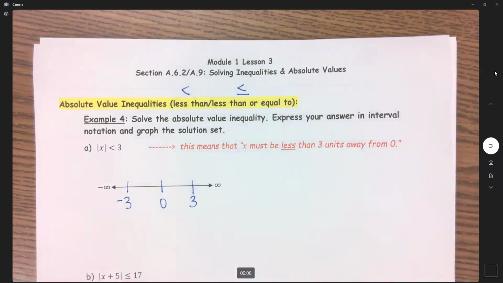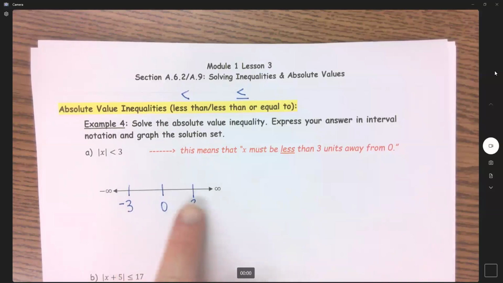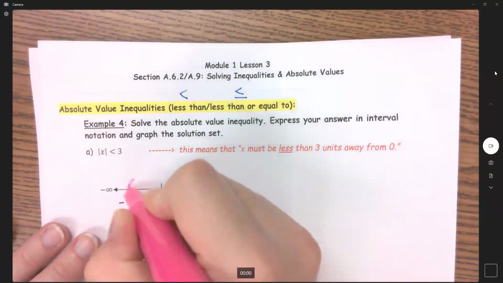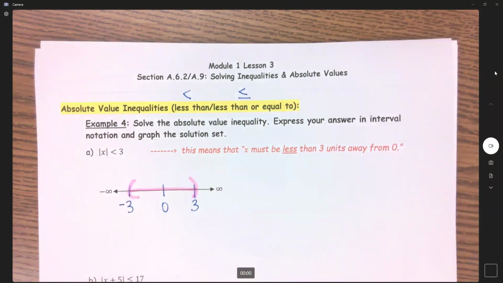So less than 3 units would be everything right in here. So we're talking about that portion of my graph. Everywhere in there has an absolute value, or a distance from 0, that is less than 3 units away.